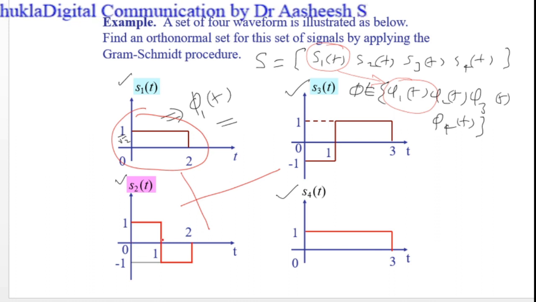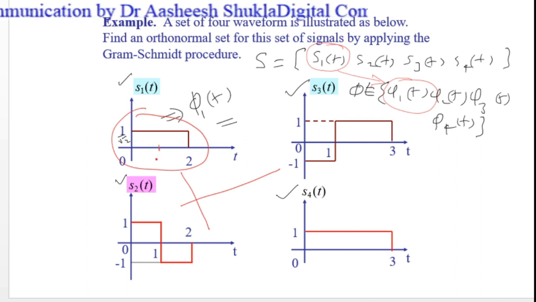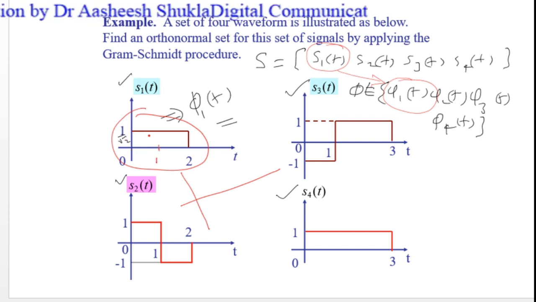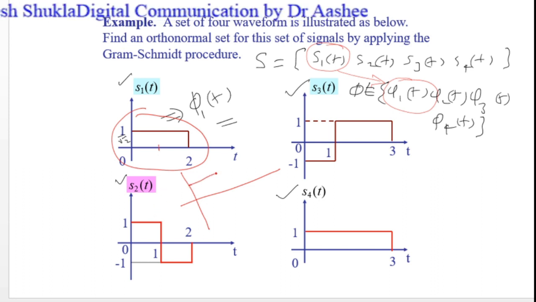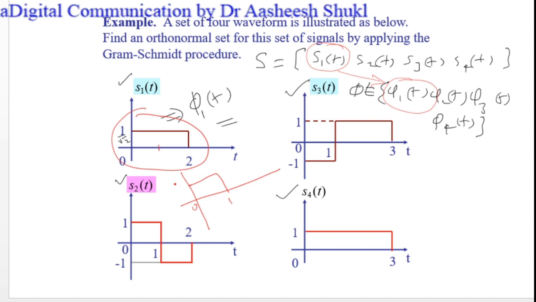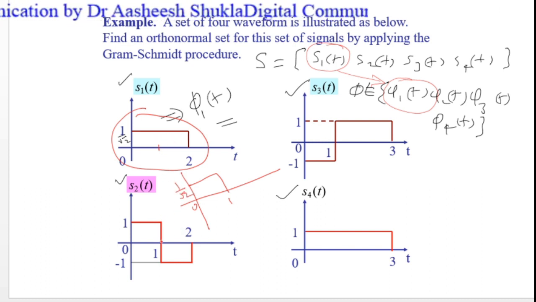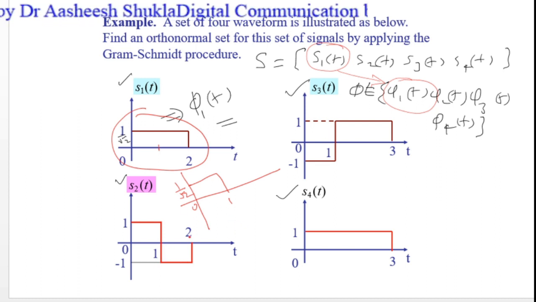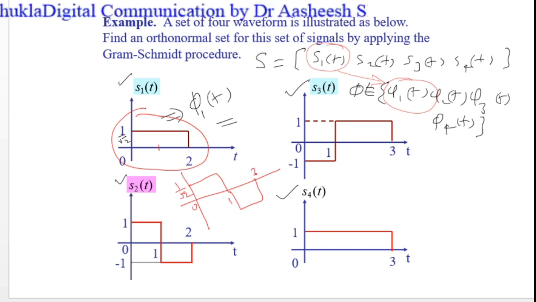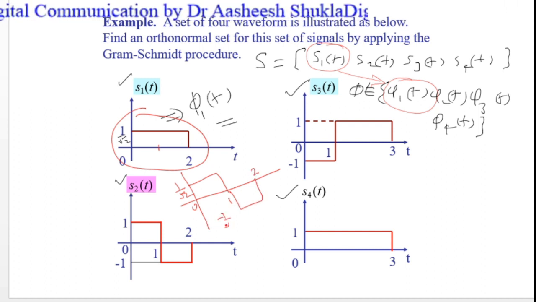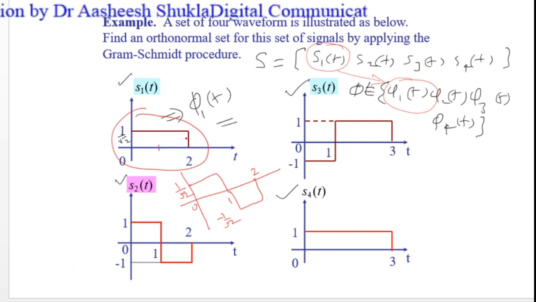From 0 to 1, the amplitude of S2t is 1, and the amplitude of phi 1t is 1 by root 2. If we multiply these two amplitudes, we get 1 by root 2. So from 0 to 1 it will be 1 by root 2. Now from 1 to 2, phi 1t is 1 by root 2, and S2t is minus 1. If we multiply these two amplitudes, we get minus 1 by root 2. This can be the waveform of the product of S2t and phi 1t, right?